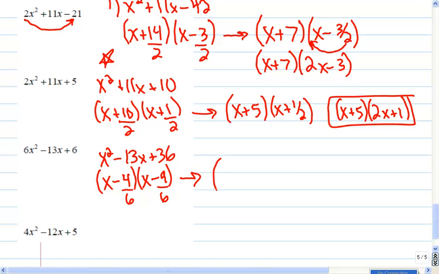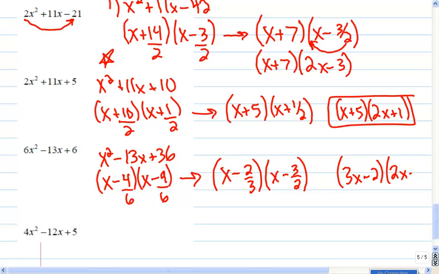And this will become x minus 2/3 and x minus 3/2. 2/3 and 3/2. So I can't reduce those anymore, which means I'm going to have 3x minus 2, 2x minus 3 for my answer.